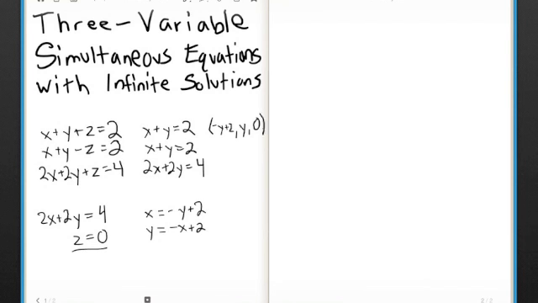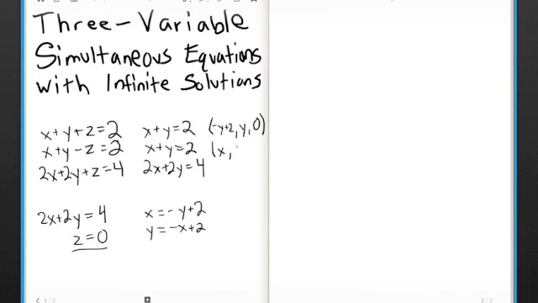So we haven't found what each number is equal to because there are an infinite number of possibilities. But we do have this based off of a given y. Based off of a given x, we can use this second equation to say that y is negative x plus 2.